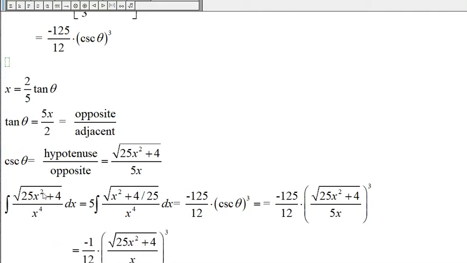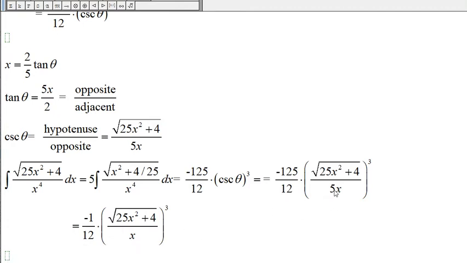So this is the original integral, and so we end up with negative 125 over 12 times cosecant of theta to the third. But cosecant of theta is the square root of 25x squared plus 4 divided by 5x.